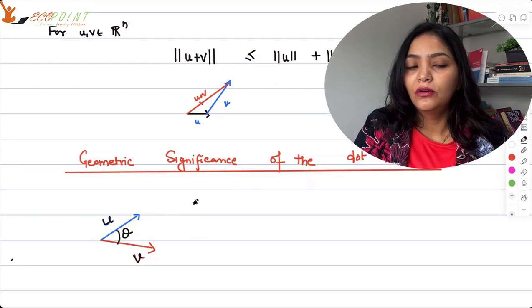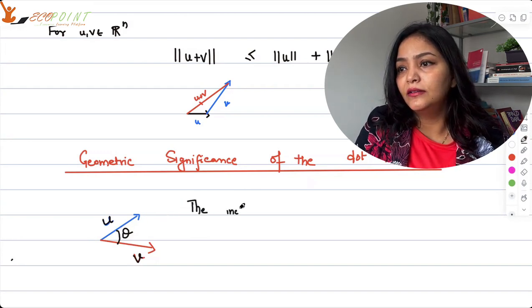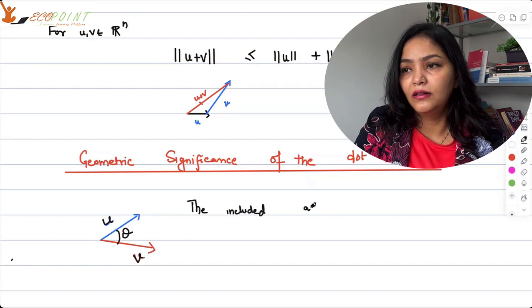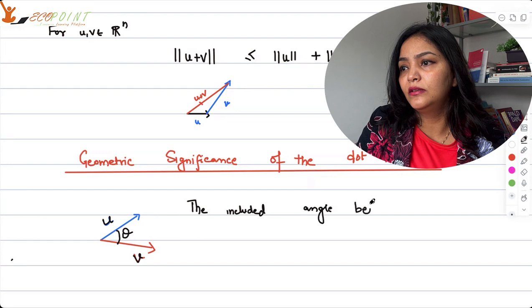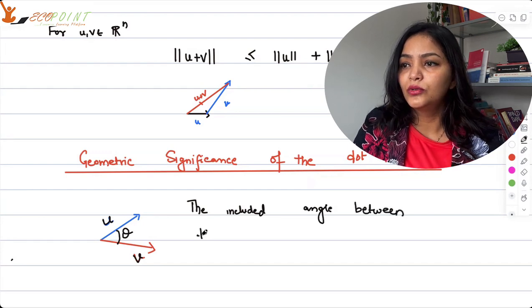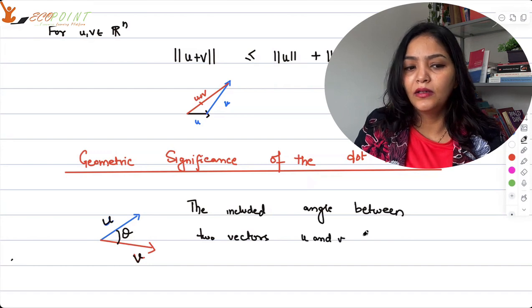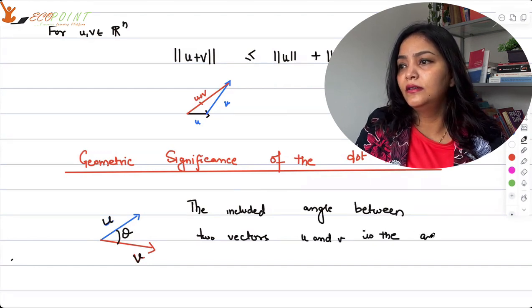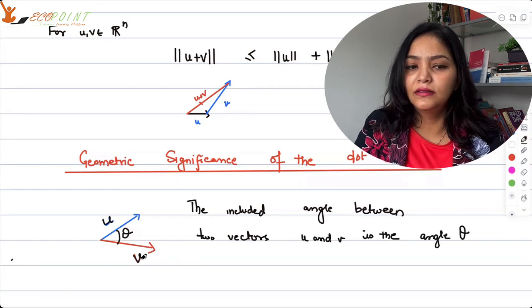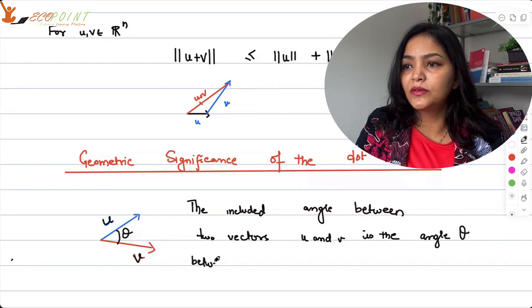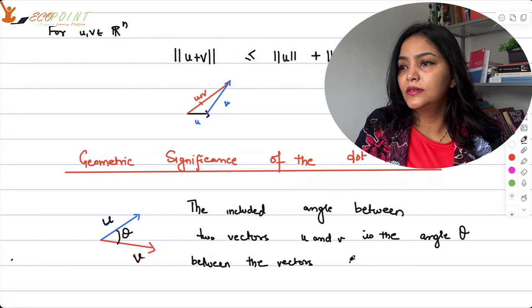So the included angle between two vectors U and V is the angle theta between the vectors, such that theta is between 0 and pi.